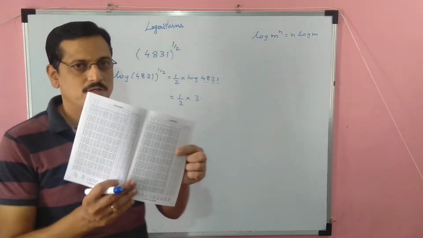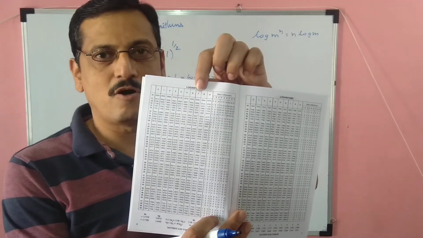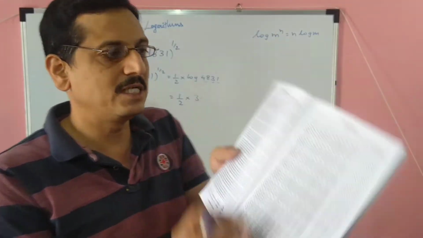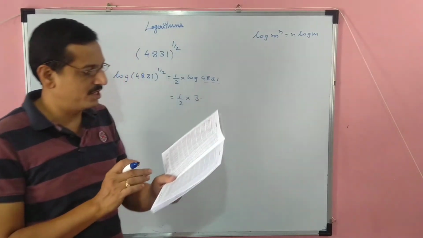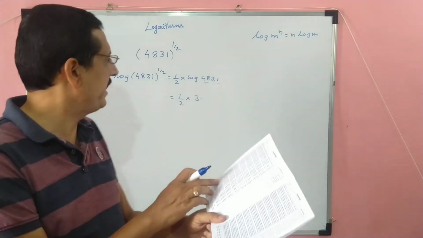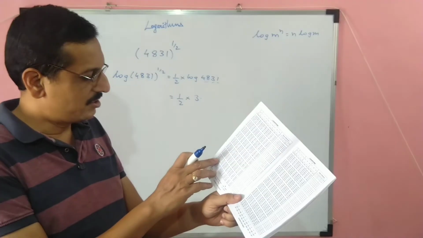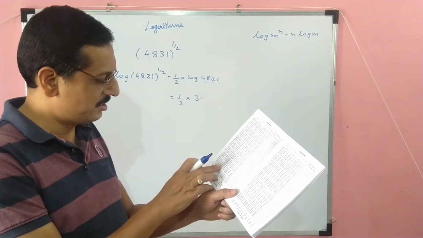I have entered the logarithmic page on which I am presently. In the first column I will search for 48, so 48 in 3. It is 0 1 2 3 and the mean difference is 1.